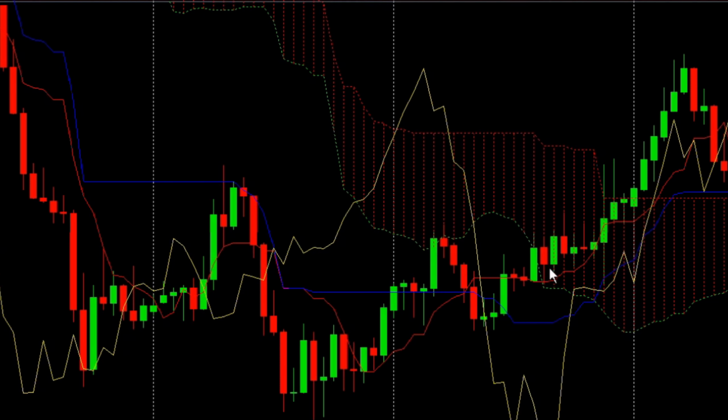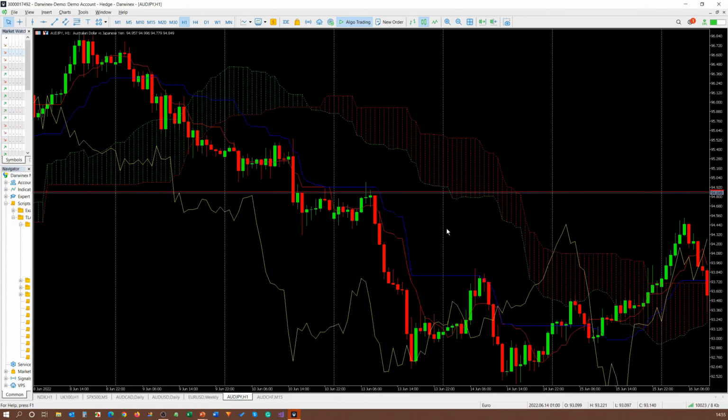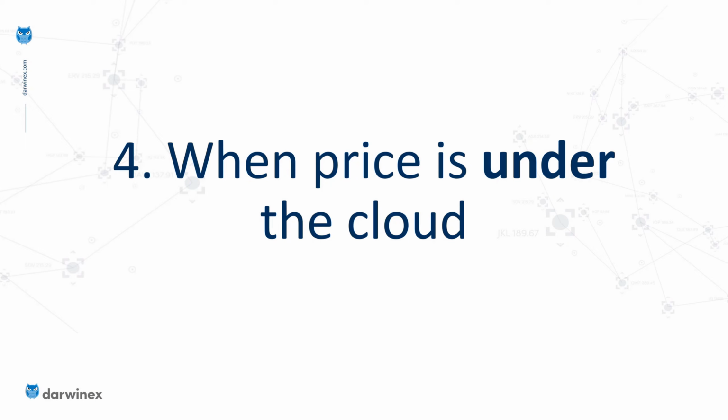But then on the second attempt, the cloud is breached, informing us that the medium to long-term downtrend has now come to an end. And so we've now covered price action going through the cloud in each direction, and we've covered how that can then be used to our advantage potentially when price is both above and below the cloud.